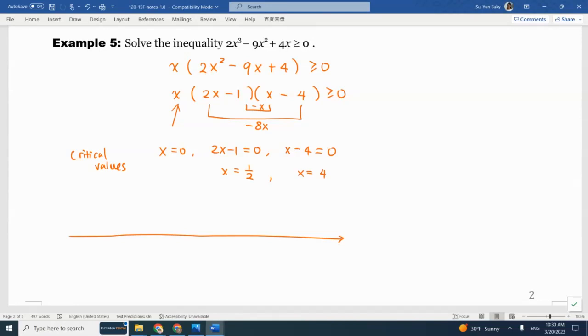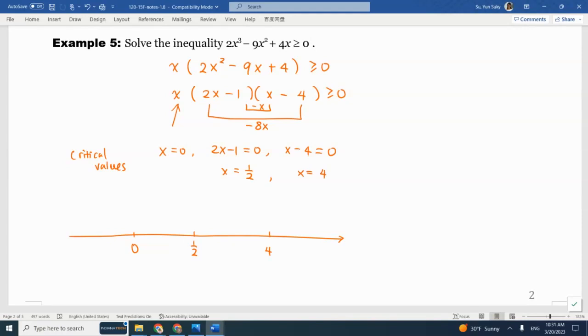Okay? Put those critical values on the real number line. And 0 is the smallest, 1/2 is bigger, and 4 is the biggest. Is that okay, everybody? So make sure the negative number is on the left-hand side and the positive number is on the right. Okay, from smallest to biggest.